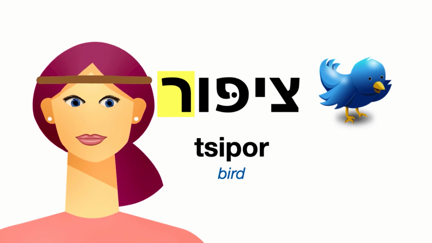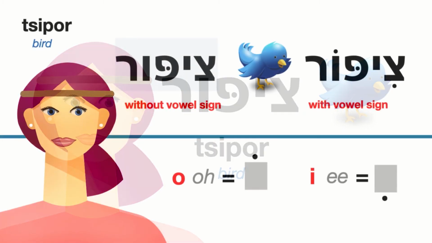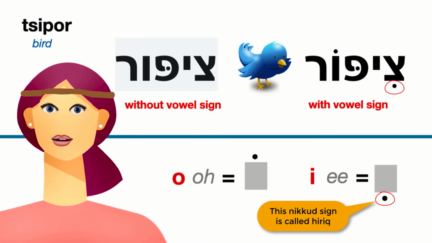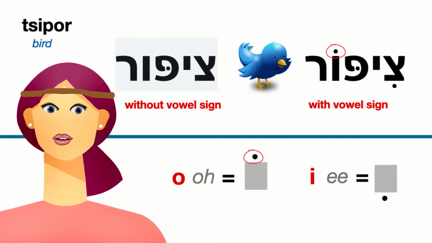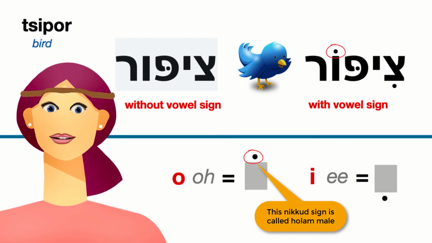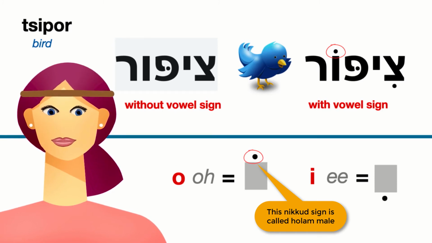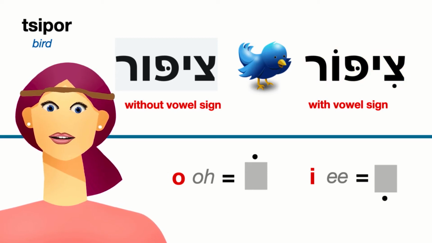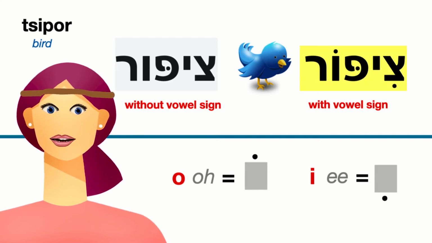The word tzipor has two nikud signs. Under the tzadi is the nikud sign for pronouncing the sound I, as in igloo. This nikud sign is called chirik, and over the letter vav is the nikud sign for pronouncing an O sound. This nikud sign is called cholam male. So, we have the sound TS, plus a P, plus an O, and then an R. So we say, ציפור.